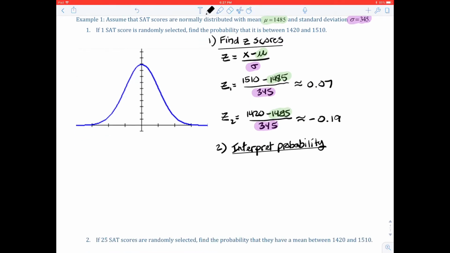So the original scale had a mean, remember, of 1485. One standard deviation above the mean is 1830.